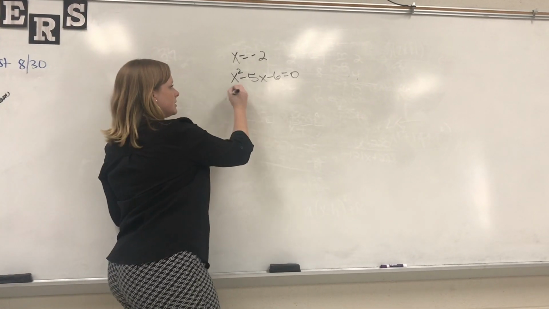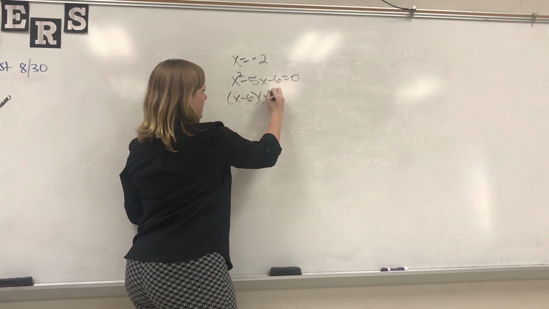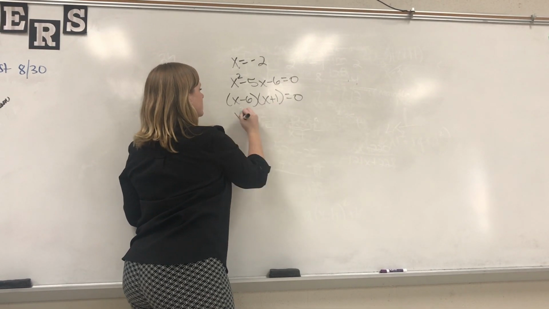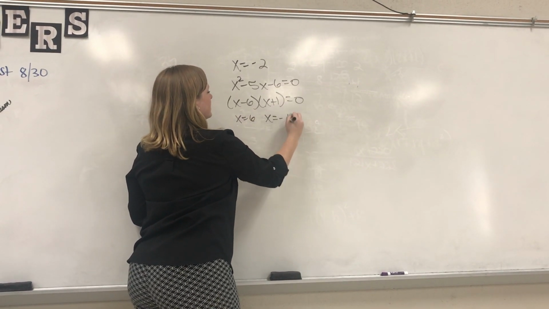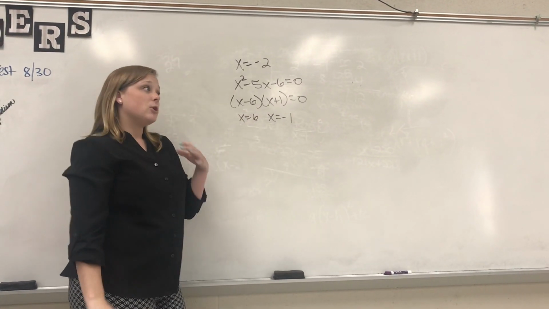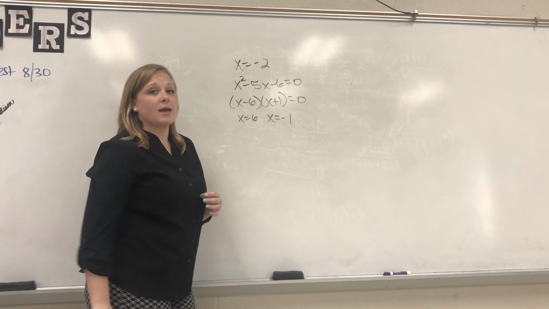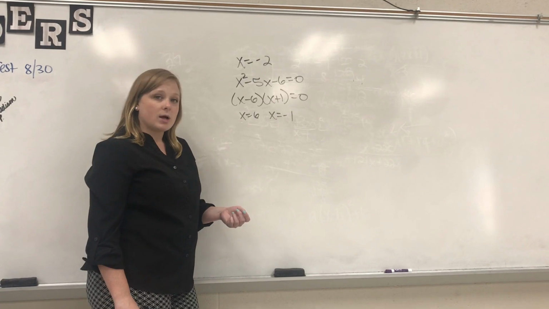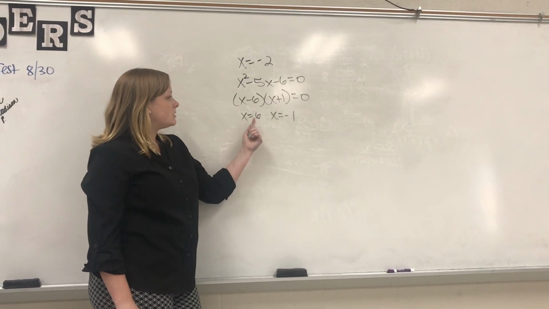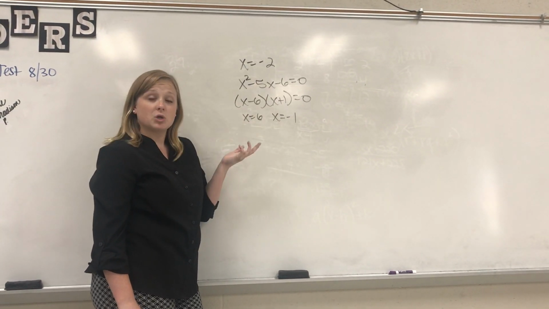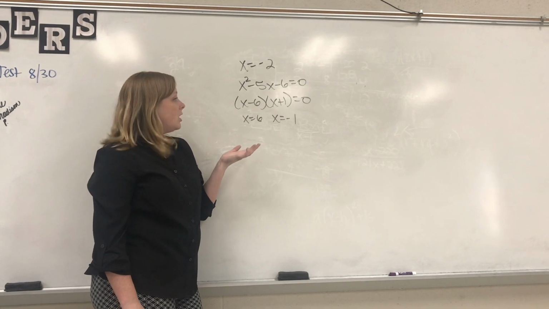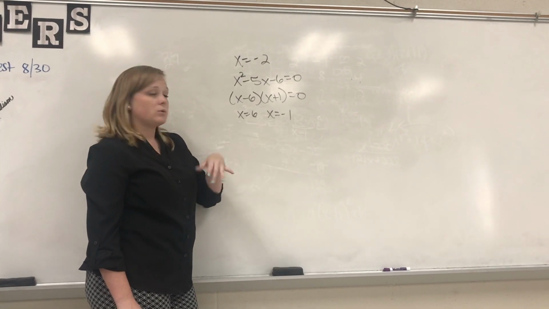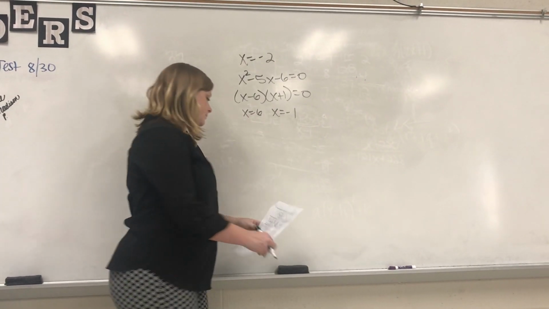You can factor this, x minus 6, x plus 1, set them equal to 0, get x equals 6, x equals negative 1. Then you can look at your multiple choice options and graph them all and say, okay, which function crosses at negative 1, 6, and negative 2? You just have to plug them in and see which one was right.